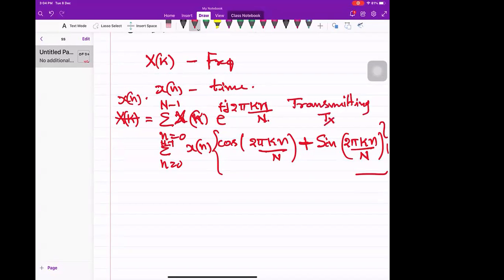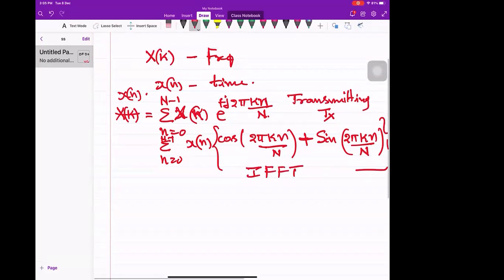So what about the receiver? In the TX, I use the IFFT block. At the transmitting end, I am using cos 2 pi k n by capital N. These are my two orthogonal carriers, cos and sine orthogonal carriers.